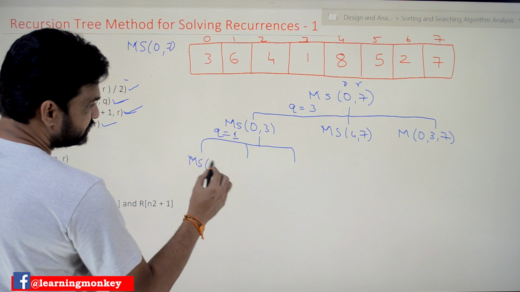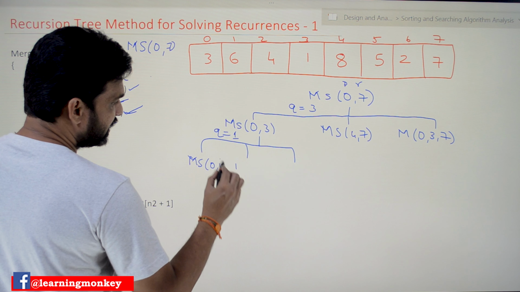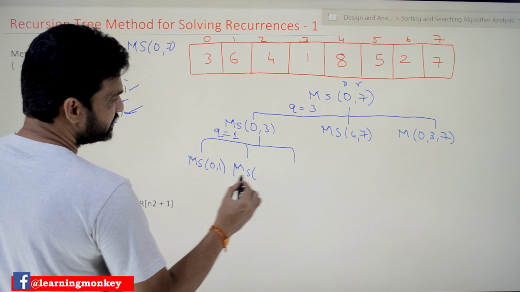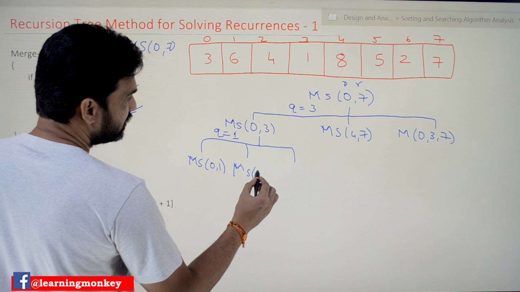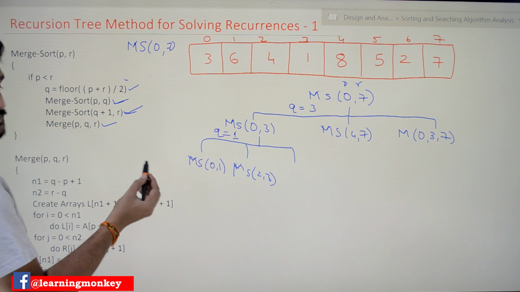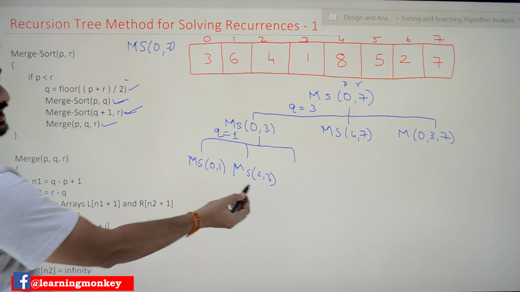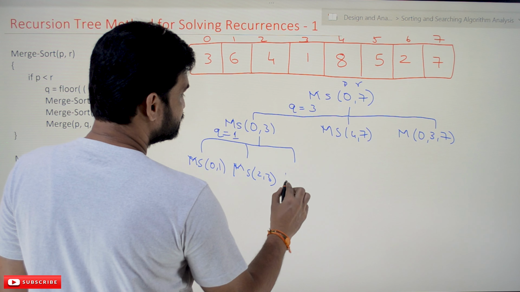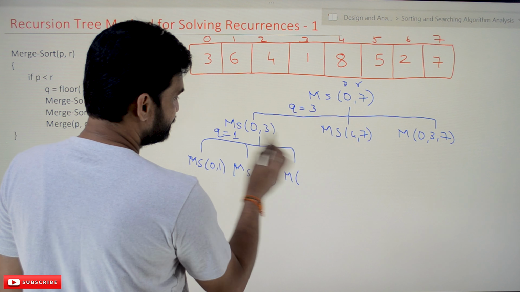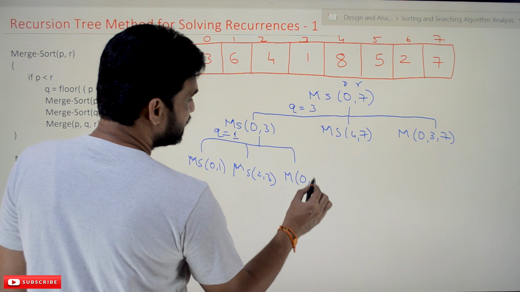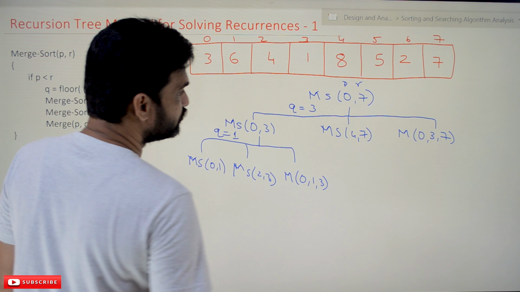So it is MS of 0 comma 1, and the other function call with q value 1 is MS of 2 comma 3, that is q plus 1 comma r. We have discussed a lot about merge sort in our previous videos, so if you watch those, then it's very simple. And the next one is merge of p comma q comma r.